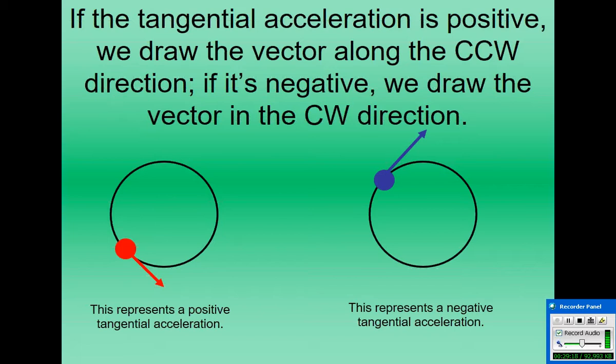So in the lower left with the red circle, perhaps the tangential acceleration is this red arrow pointing to the lower right. But just because it's pointing to the lower right does not mean it's negative. The fact is this arrow is indicating a counterclockwise trend. If the trend is counterclockwise, it's positive.